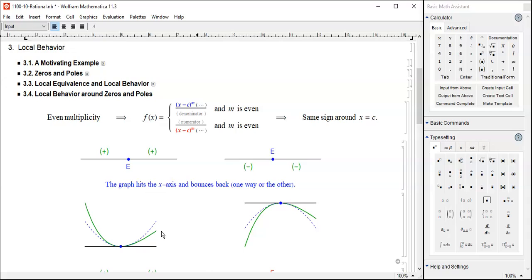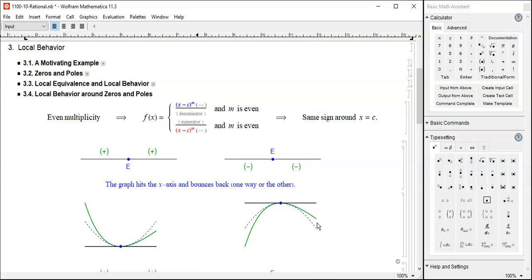Hit and bounce back because that's the behavior of the power function that shares the same local behavior, which is the blue dotted curve. Or the other way around, hit and bounce back, either plus side or minus side. Either way, no sign change.